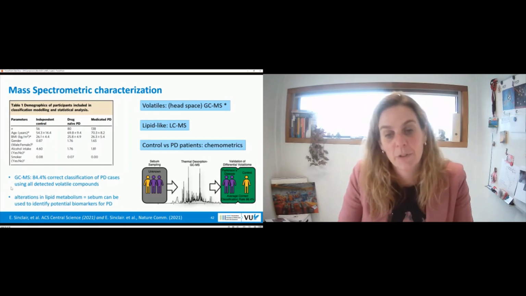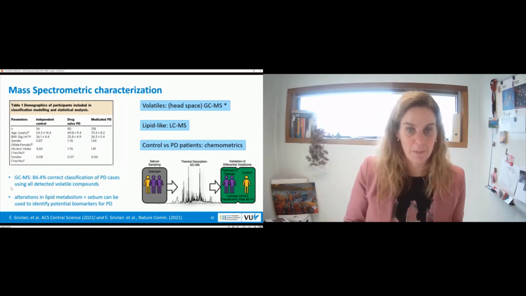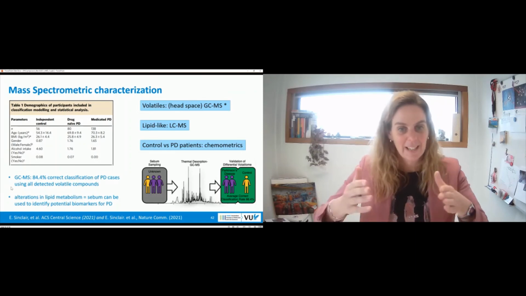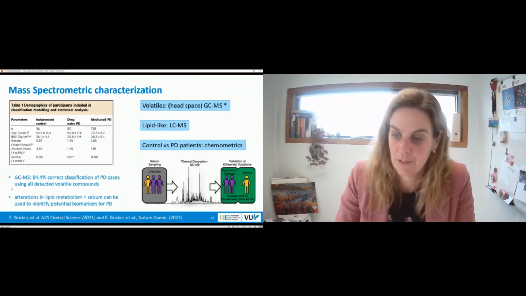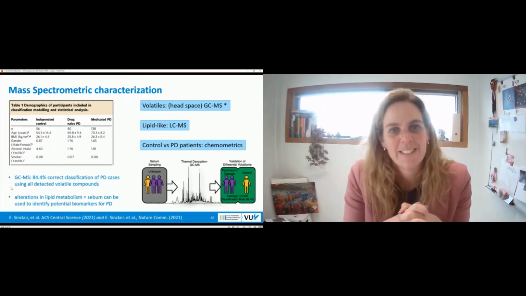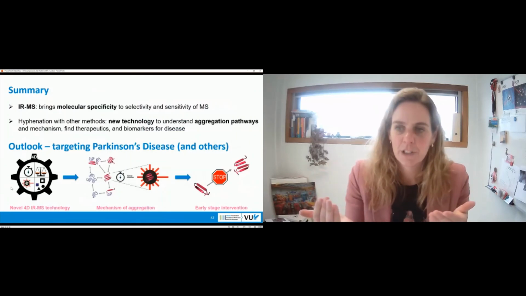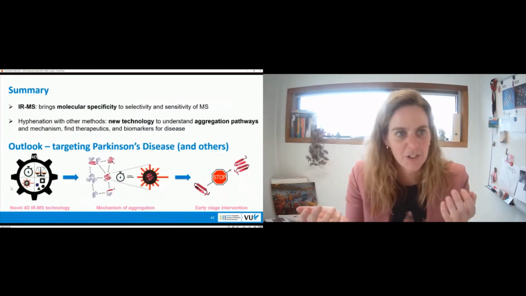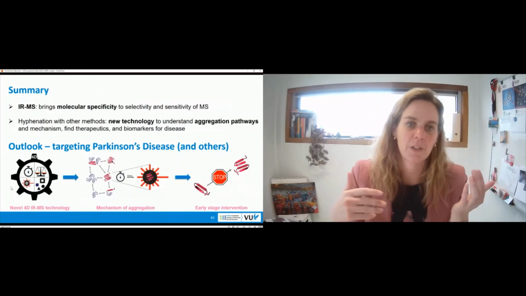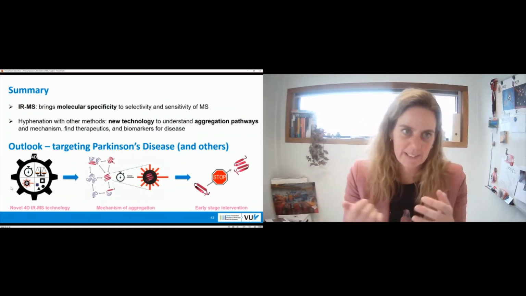That, of course, we now continue to work on, using the combination of ion mobility, mass spectrometry, and infrared, as I presented to you today. So to sum up, I hope you see that the combination of many techniques really brings new technology to understand aggregation and its mechanism. We can use it to find therapeutics and find biomarkers for disease.